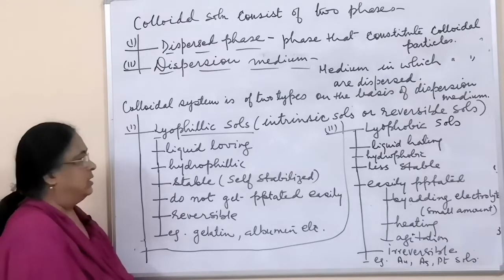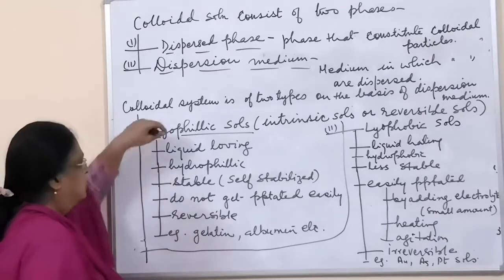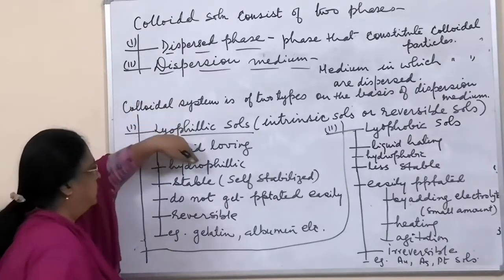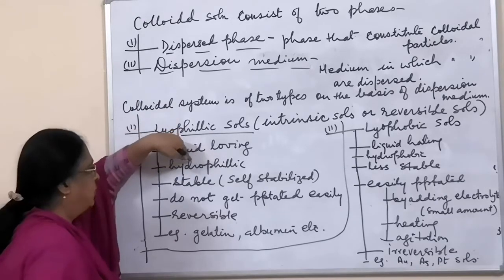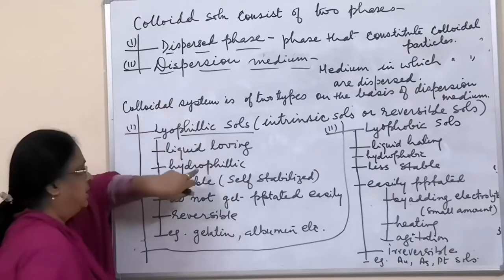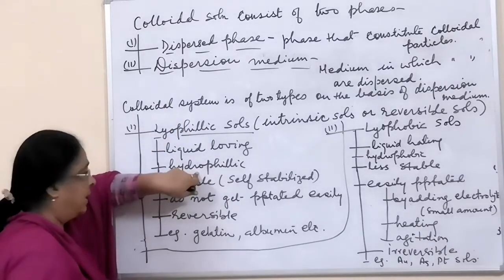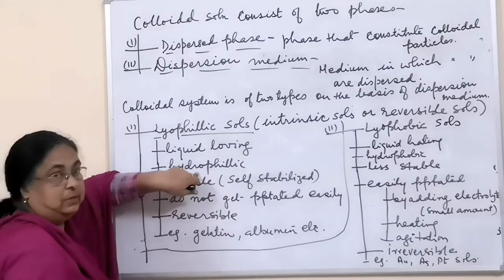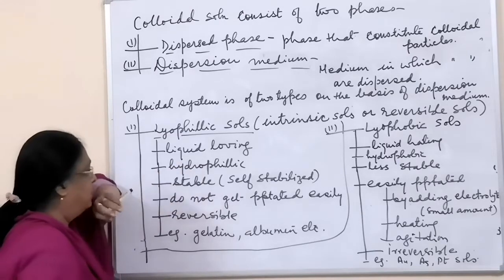called lyophilic sols. If the dispersion medium is water, then it is called hydrophilic. If your dispersion medium is benzene, then benzophilic. If the dispersion medium is alcohol, then alcophilic.